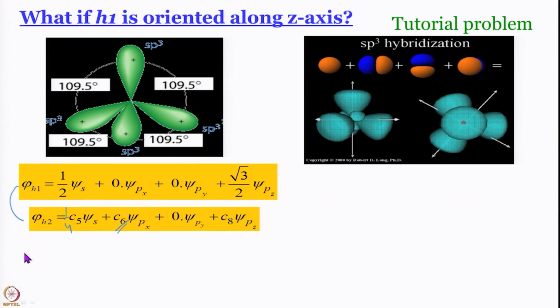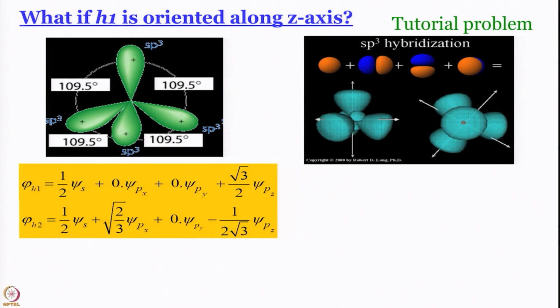Okay, so you know how to get the coefficients. This is how you get it, and the coefficient for Px here turns out to be root over 2 by 3. Now the thing is simple, the other two, once again the easiest way of starting the problem is to start with the mutual orthogonality with the orbital that has a maximum number of 0 coefficients, and then proceed, then you have fewer terms to handle to start with at least.